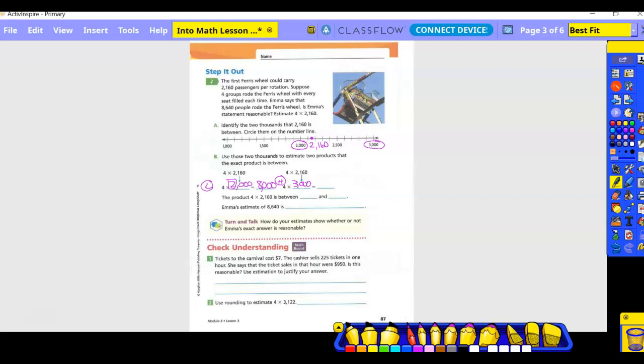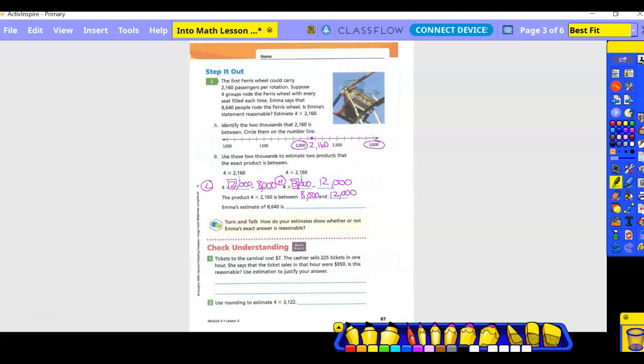Put our 3 in a box. 4 times 3 is 12, so 12,000. So 2,160 times 4 is between 8,000 and 12,000.